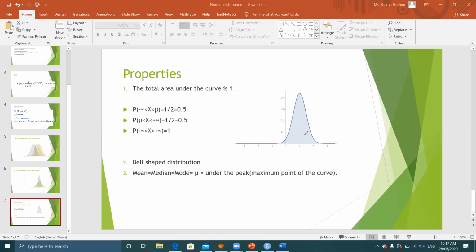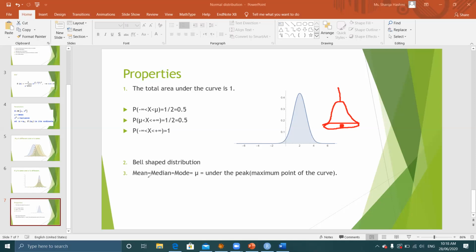If you have seen the bell of the traditional type, if you ring it by touching this pendulum with the edges, that it sounds. So this is actually the bell hanging with anything. So our normal distribution is similar to this bell. That's why the third property is its bell-shaped distribution.